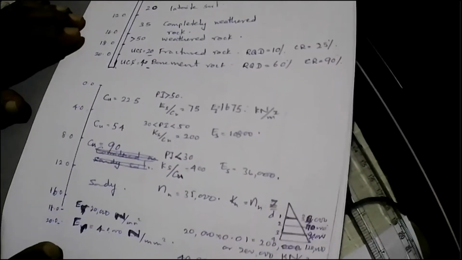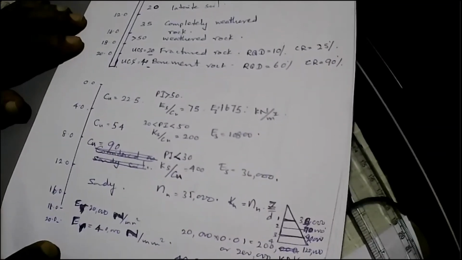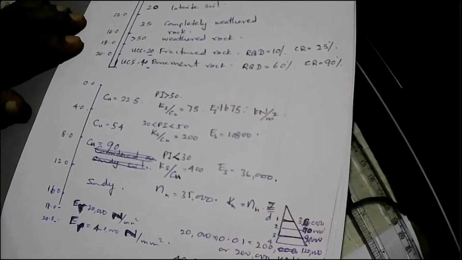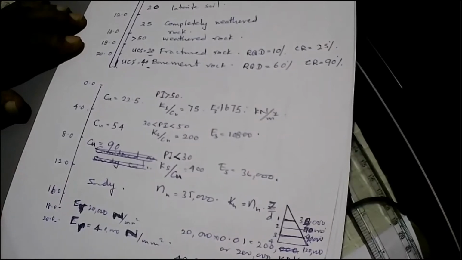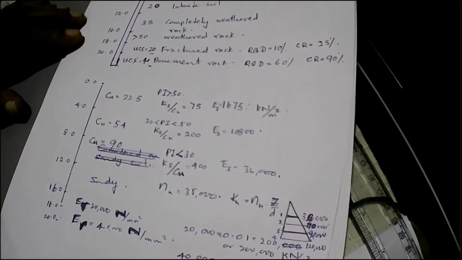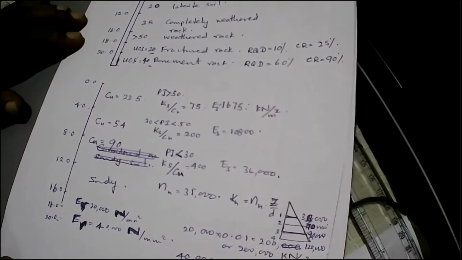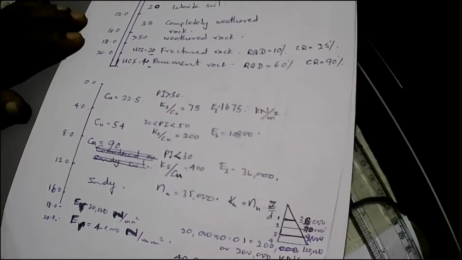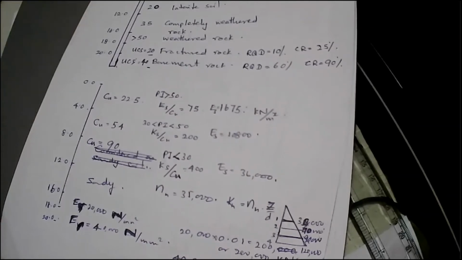Generally when you say completely weathered rock, it's more sand, and when you say weathered rock, it can be a sand and gravel mix. Then you drill further and you encounter what you call fractured rock. So the rock is there, but it is fractured.